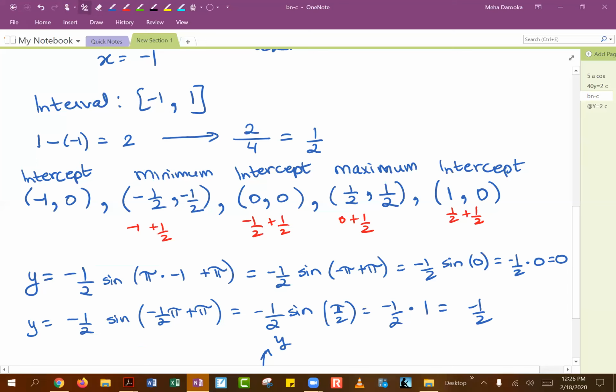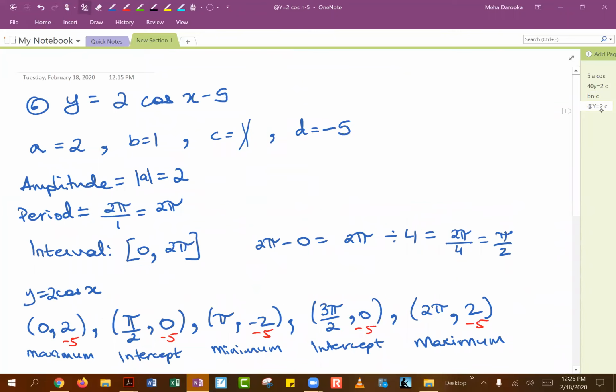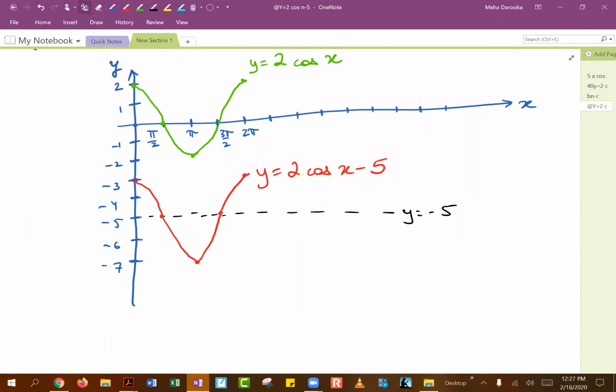And what was our interval for this guy? We were at -1. So you can see even that shows you that we have a shift in our graph. So that's what would have happened with this guy if you had a C value. Okay? Because I guess you could think of C as being 0 because it's not going to affect our calculation in this case.